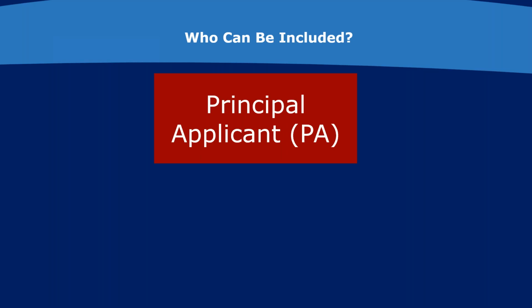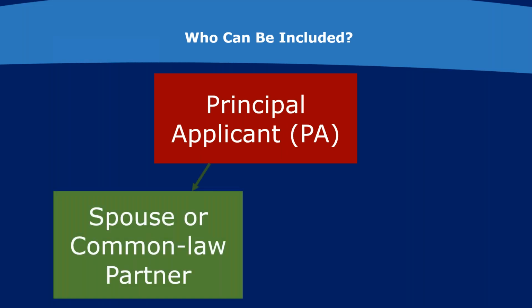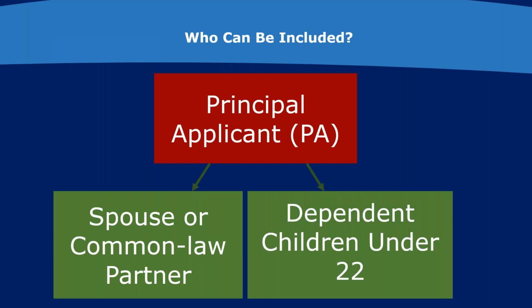So a principal applicant, the principal applicant's spouse or common law partner, and the principal applicant's dependent children under the age of 22. It used to be children under 19, now it's under 22. And the dependent children's dependent children can also be included, and also the spouse's dependent children, stepchildren, if they have any stepchildren.